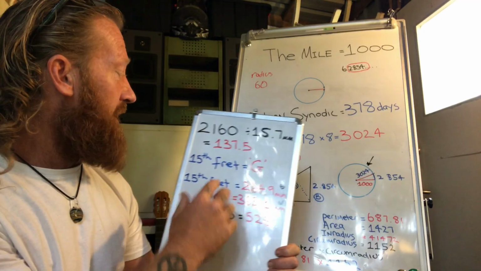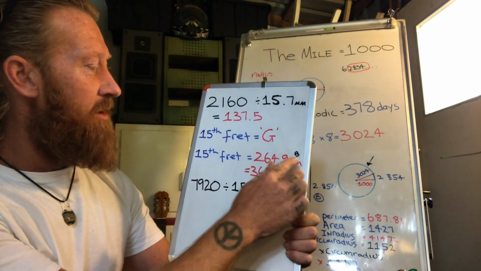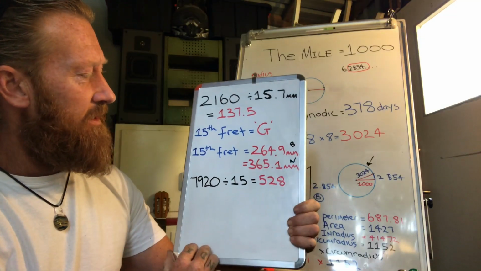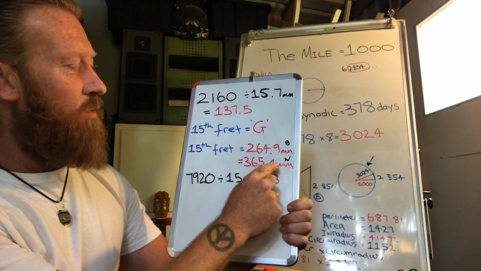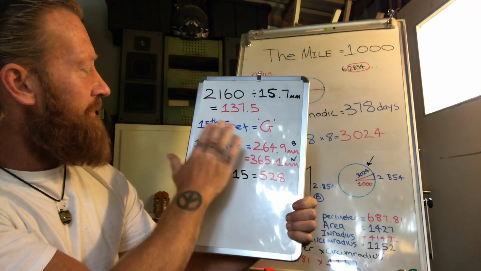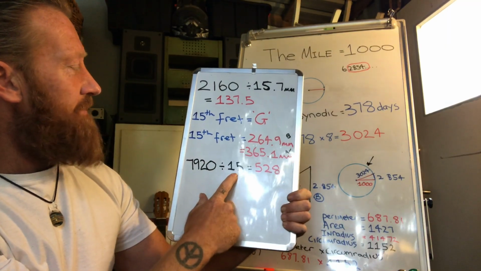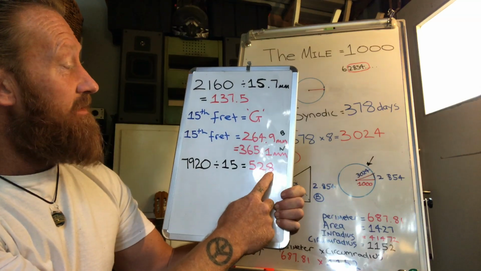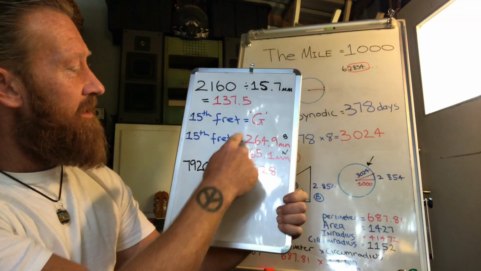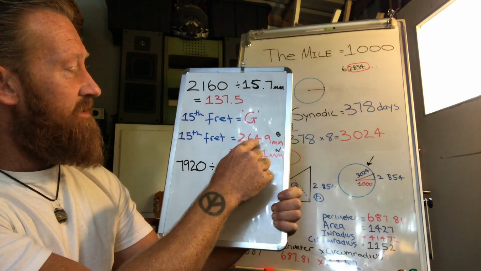The 15th fret is 264.9 millimeters from the bridge and 365.1 millimeters from the nut coming down. The equatorial diameter of Earth divided by 15 is 528, and yet the millimeters on our fretboard where we want the 15th fret is 264.9.